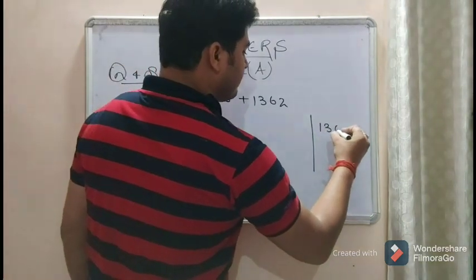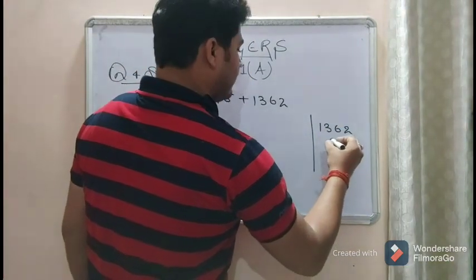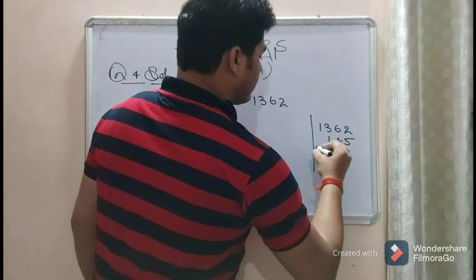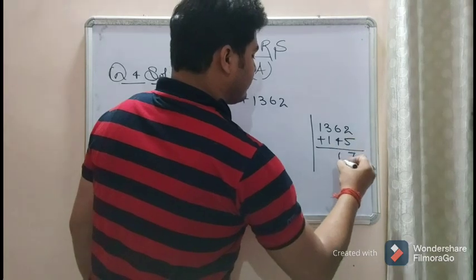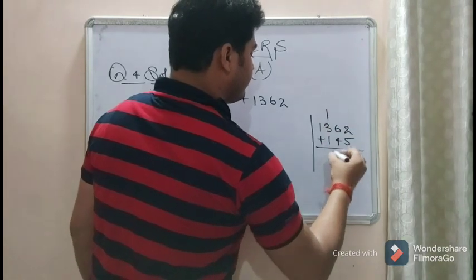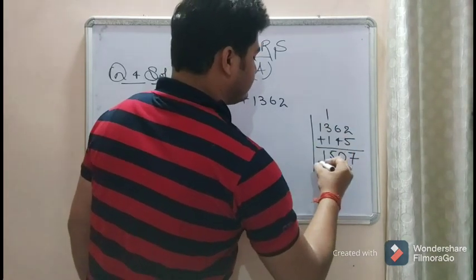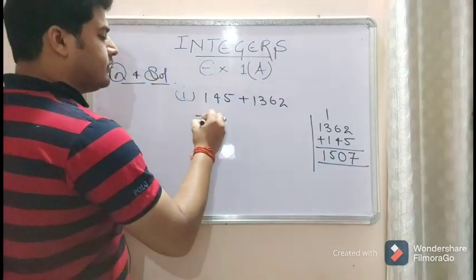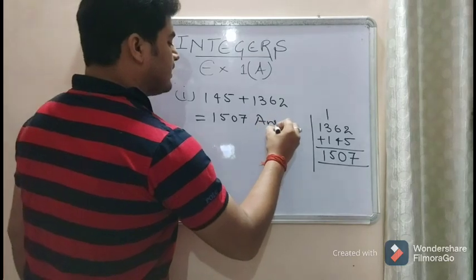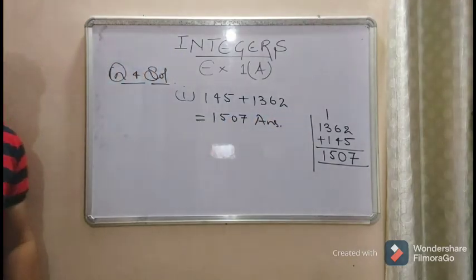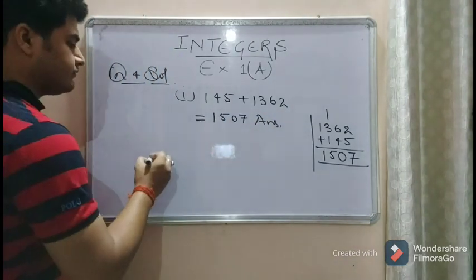Both are positive numbers, so there is no problem. Just write one below the other and add them. 2 plus 5, 7, 6 plus 4, 10, 3 plus 1, 4 plus 1, 5, and 1. So the answer is going to be 1507. Both numbers had the same sign, the positive sign, so there was no problem.